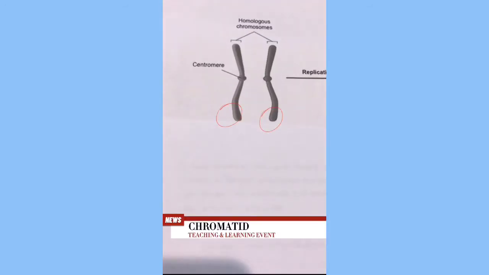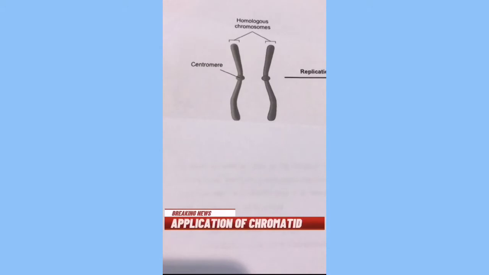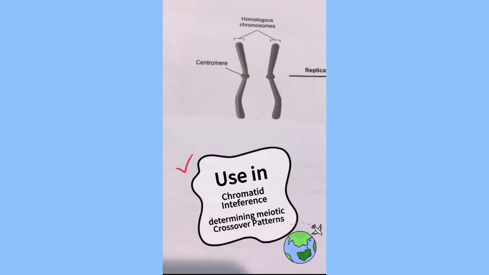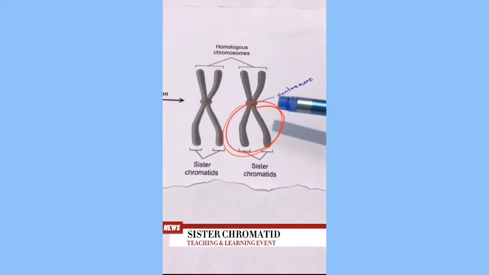Okay, chromatids are two fiber strands which are fused together by a lone centromere. Okay, application of chromatid: chromatid has been used in chromatid interference in determining meiotic crossover pattern. Okay, the next term is sister chromatid.